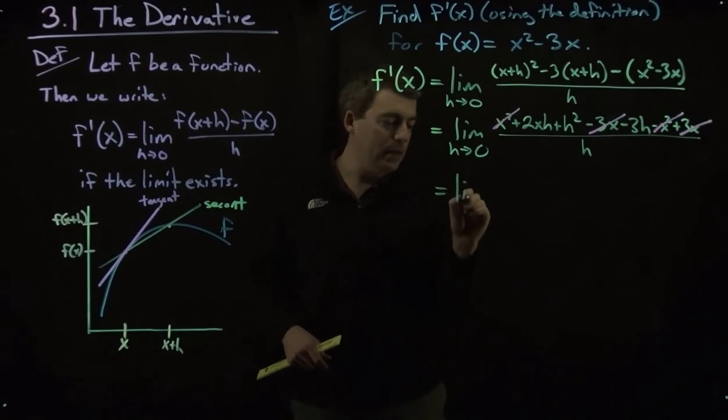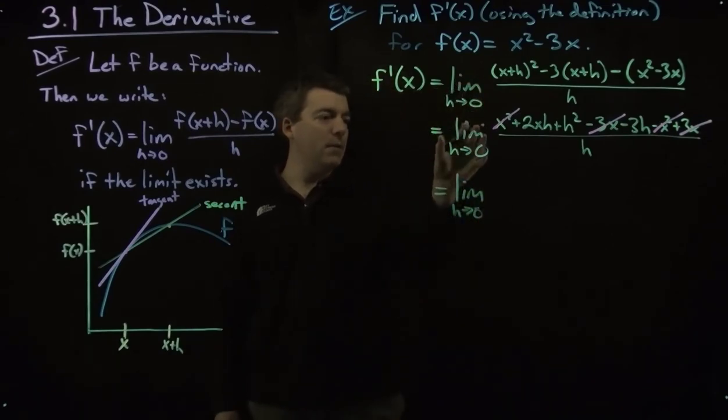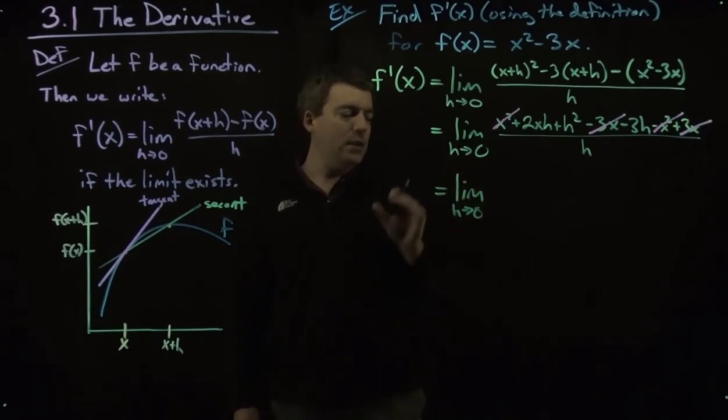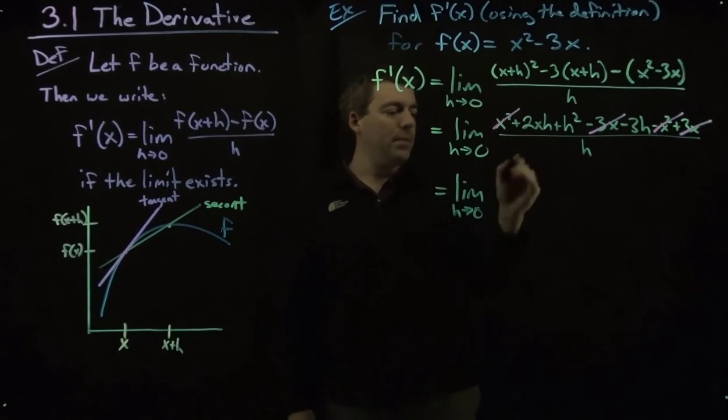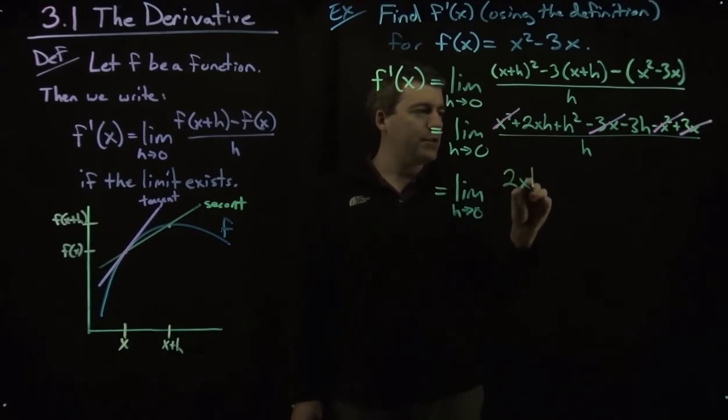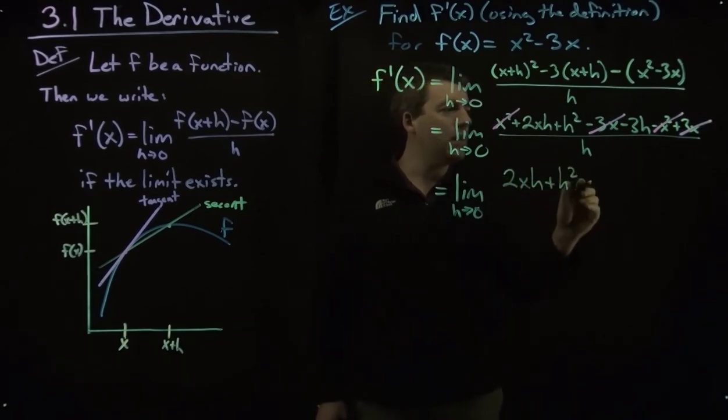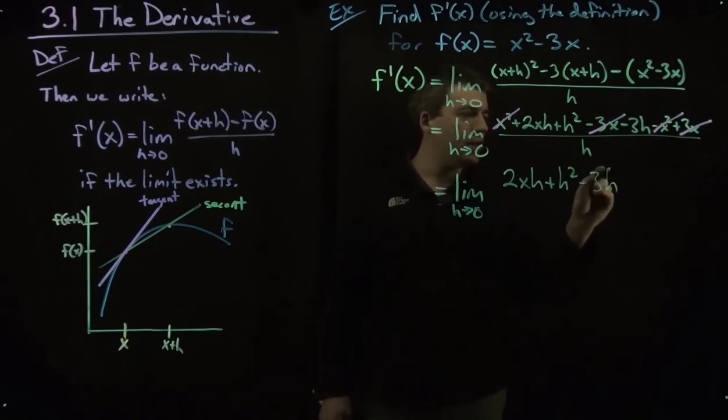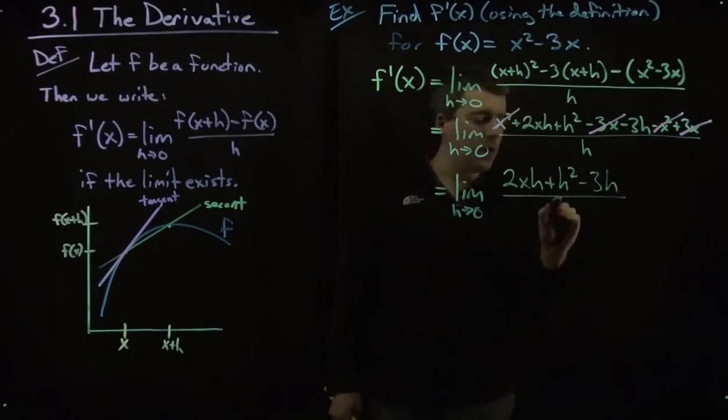So limit, h goes to 0. We haven't applied the limit yet, so every time we write a new line, we'll have to start with the limit until we do that. So 2xh plus h squared minus 3h all over h.